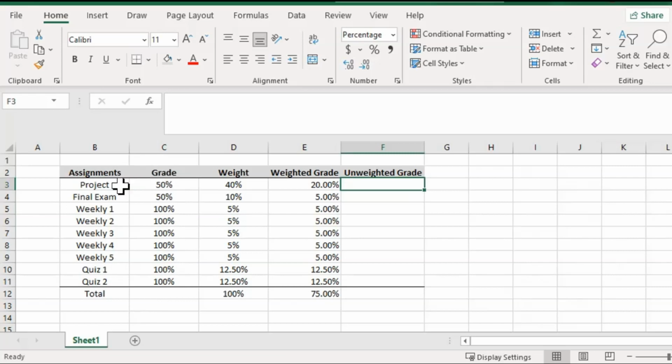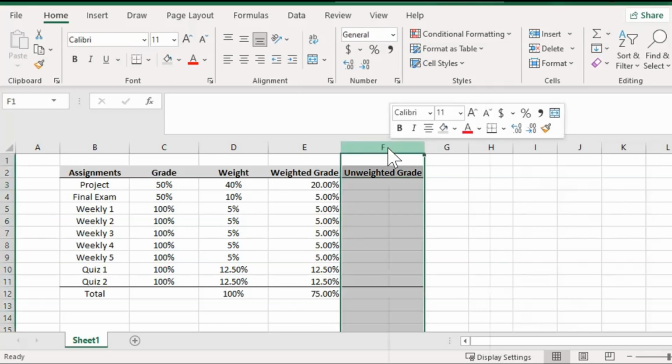So each one is 1/9 of the total grade for the class. In essence, the unweighted grade for each item would be the grade itself times 1/9.